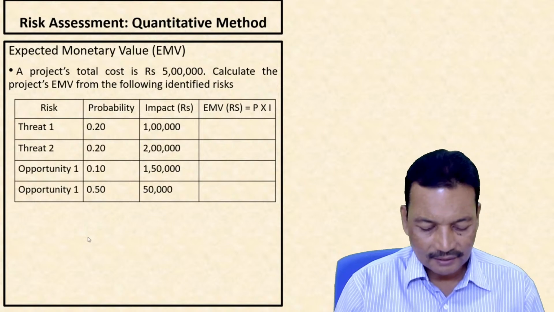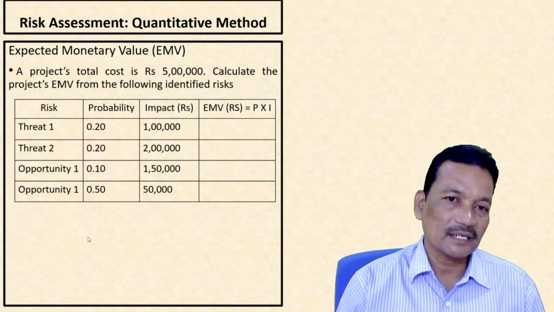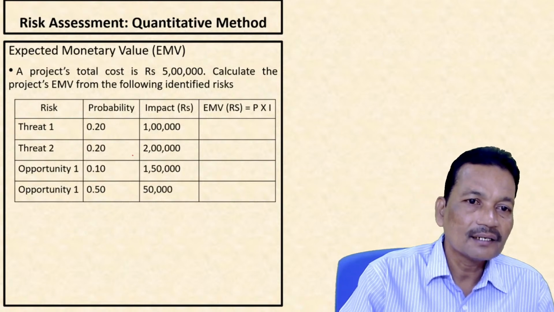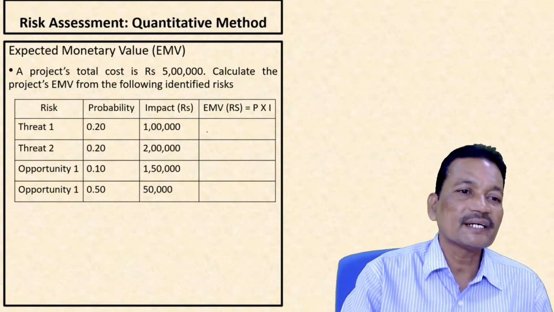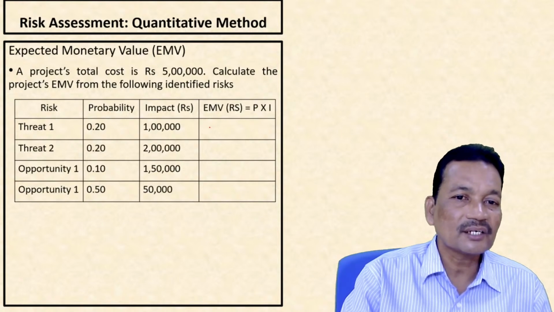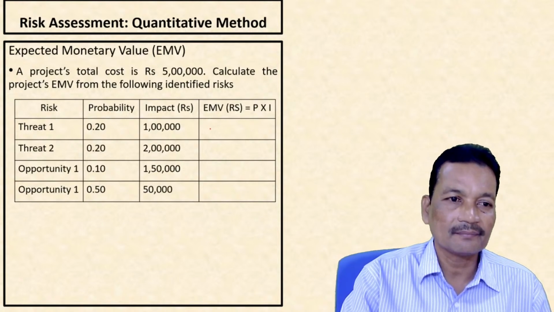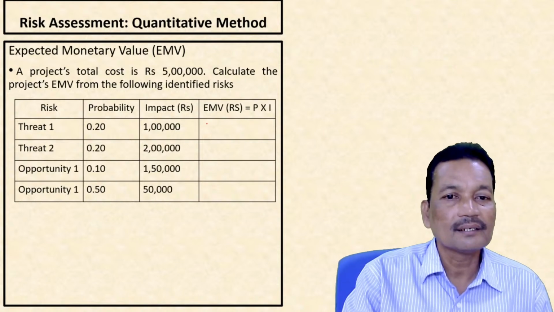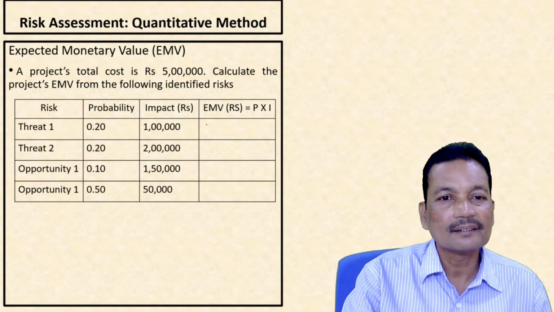Now let us see. Project cost is 5 lakh rupees. All right. Now here, first is threat 1. Threat means negative impact. Opportunity means positive.